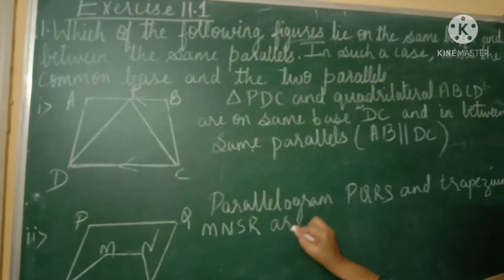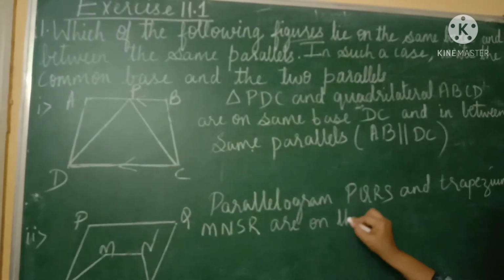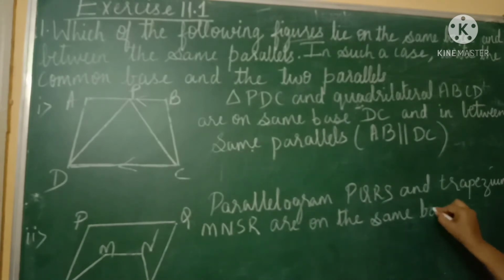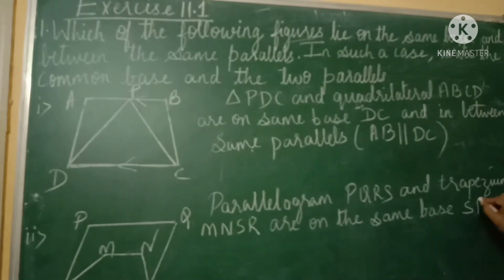Parallelogram PQRS and trapezium MNSR are on the same base. What is the base here? SR is the base. They are sitting on the same base SR. But are they between the same parallels? Check.